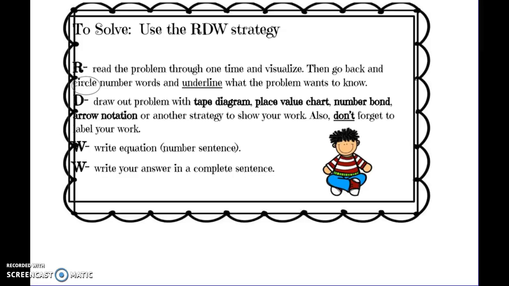Next, we are going to draw out the problem using a tape diagram, place value chart, number bond, or arrow notation, and label our work. Then, after we've drawn the problem, we need to write an equation that goes with our drawing. After solving the problem, we write the answer in a complete sentence. Let's get started.